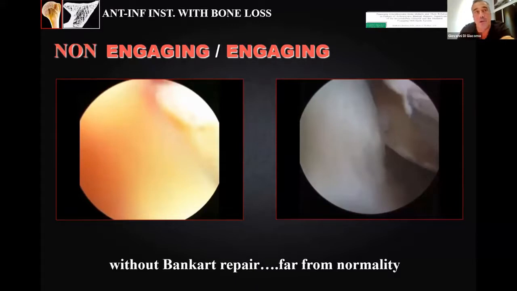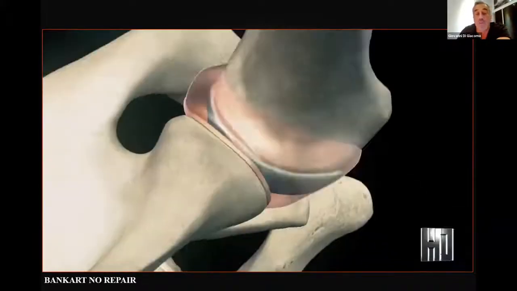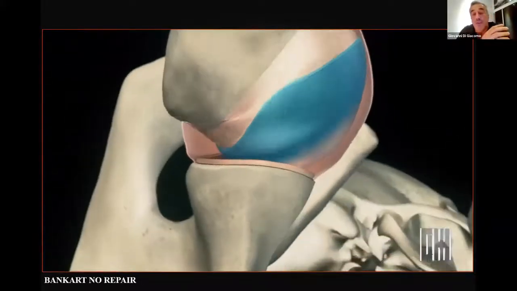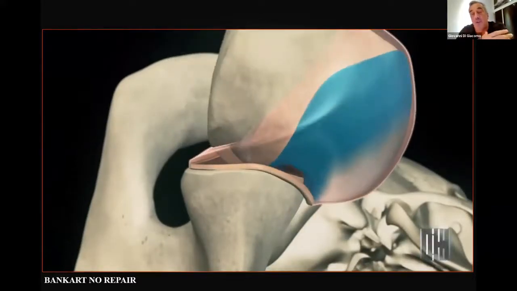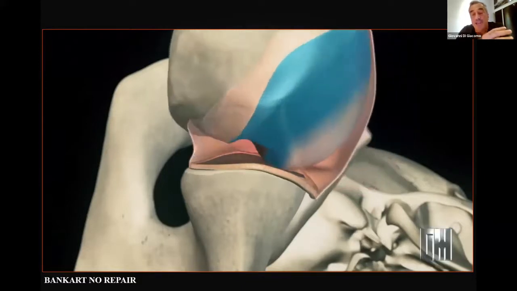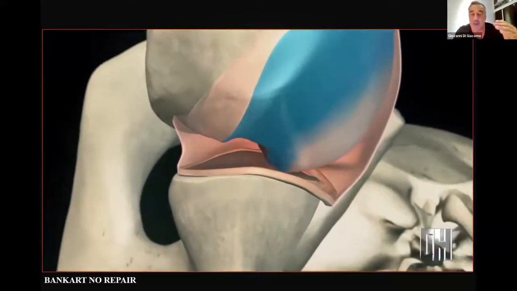According to Pascal Boileau and other researchers, and I agree completely, I think that any Hill-Sachs lesion is engaging. It's up to you how many degrees and how much force you put when you test the engagement. So we think that it's very important to look at the Hill-Sachs to see if it engages after the Bankart repair.